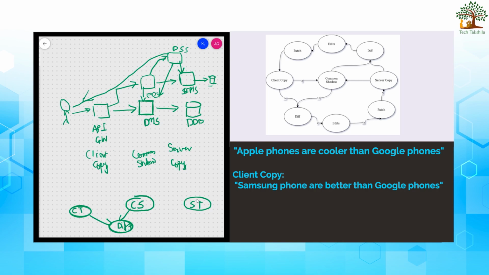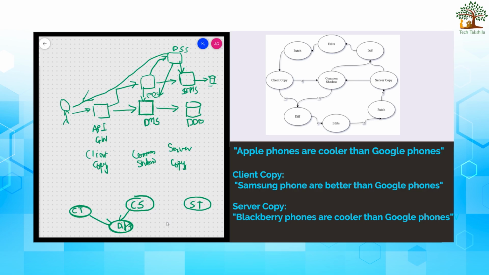Now let's say the client has made some changes, which is that Samsung phones are better than Google phones. So we have two edits here. Apple is changed to Samsung and cooler is changed to better. So after this step, the common shadow would be updated to Samsung phones are better than Google phones. But let's say that at the same time, some other user made some changes, for example, BlackBerry phones are cooler than Google phones.